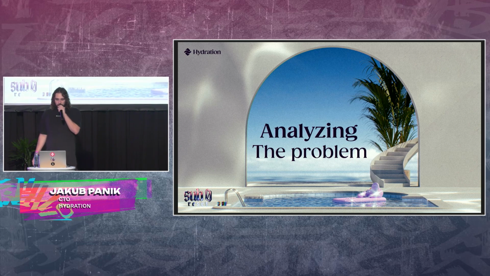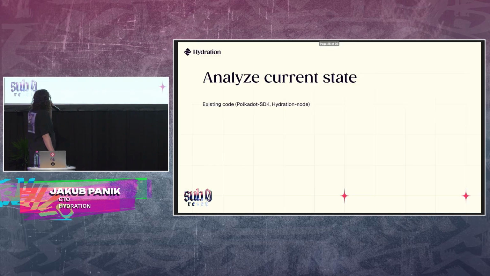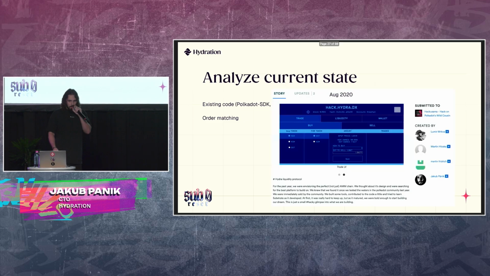So let's analyze this problem. We need to check our existing code, Polkadot SDK and hydration node, to be familiar with it. In the past, we built order matching engine.